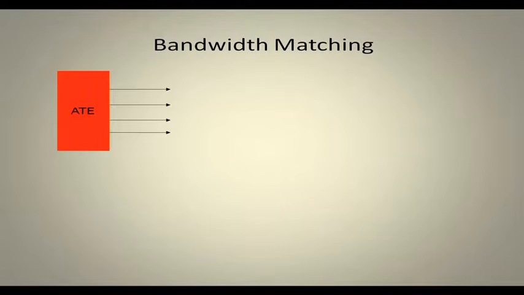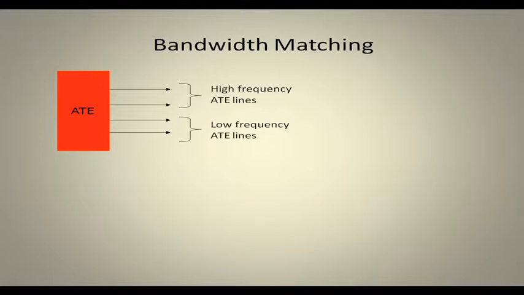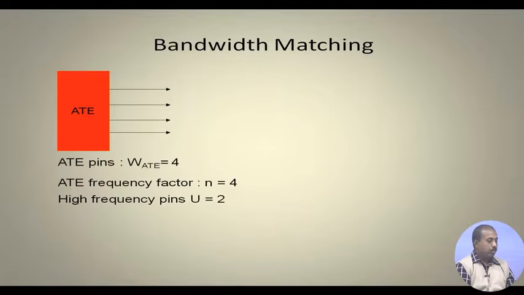So, we have the ATE that has a number of channels going out of it, and some of the channels are high frequency lines. Like in this ATE, suppose there are 2 high frequency lines and 2 low frequency lines. So the overall ATE has 4 pins. So W_ATE equal to 4, the width of the ATE is 4, and the ATE frequency factor n equal to 4.